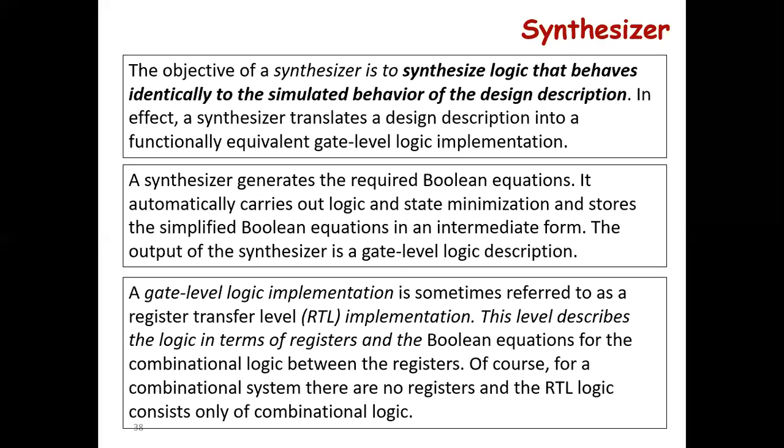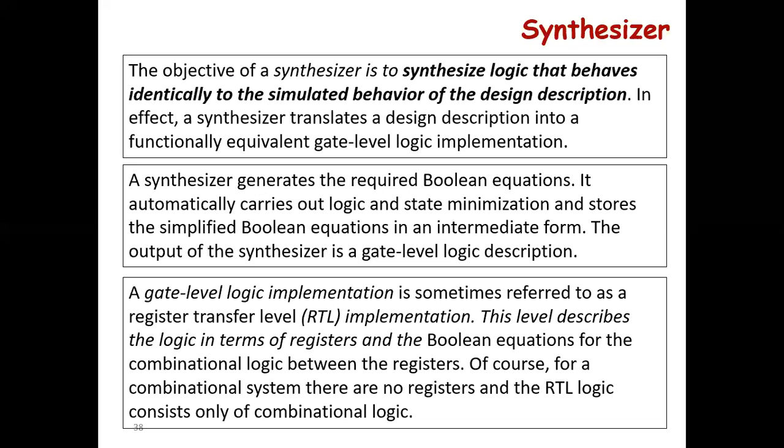The output of the synthesizer is a gate level logic description. A gate level logic implementation is sometimes referred to as a register transfer level implementation, that is RTL. This level describes the logic in terms of registers and the Boolean equations for the combinational logic between the registers.